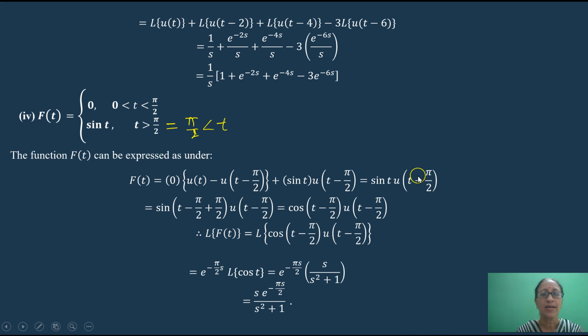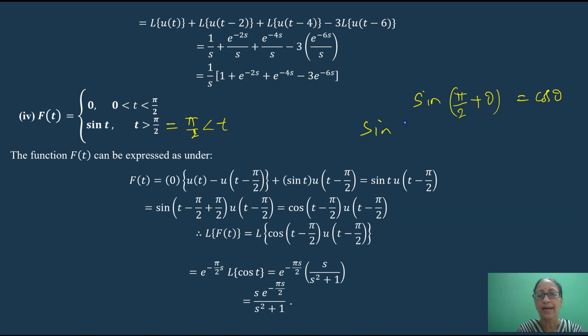Okay. Now here this term becomes 0 because here it is 0. So sin t should be expressed in the form of t minus pi by 2. So we have added and subtracted pi by 2. Sin of t minus pi by 2 plus pi by 2 into u of t minus pi by 2, which is equal to cos of t minus pi by 2, because sin of pi by 2 plus theta, sin 90 plus theta equal to cos theta.